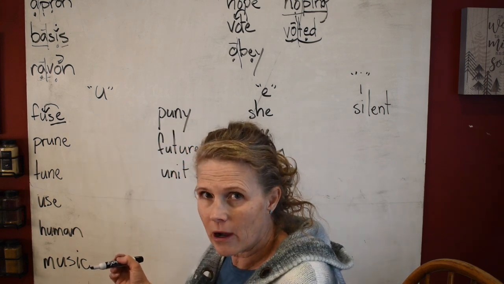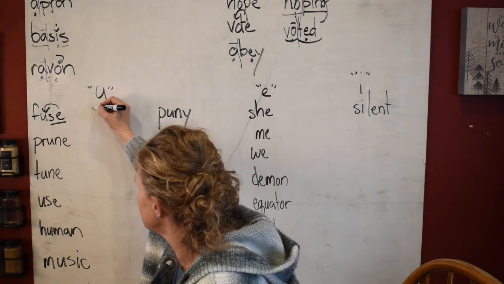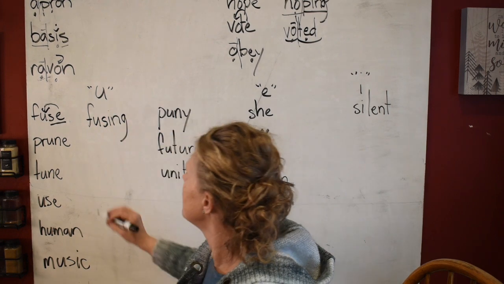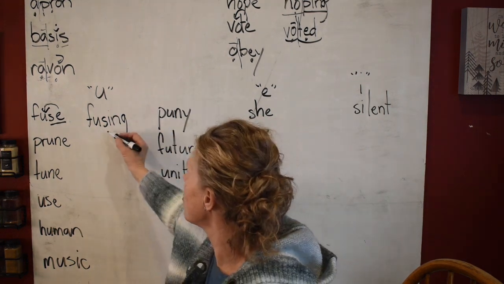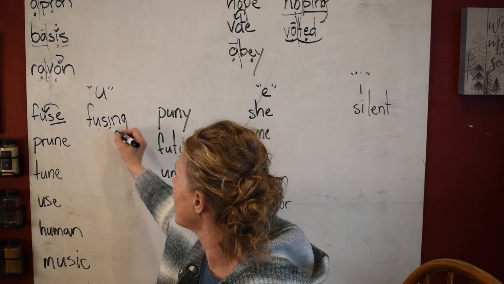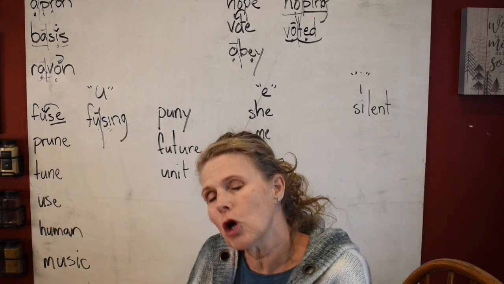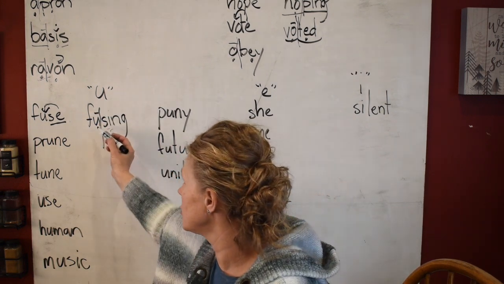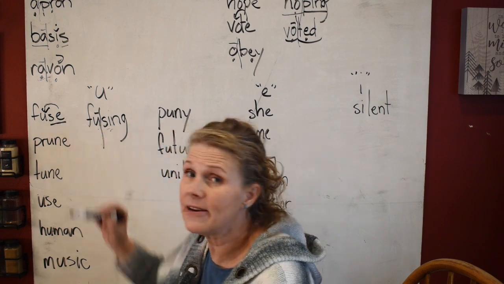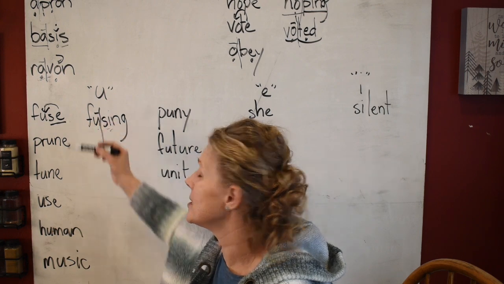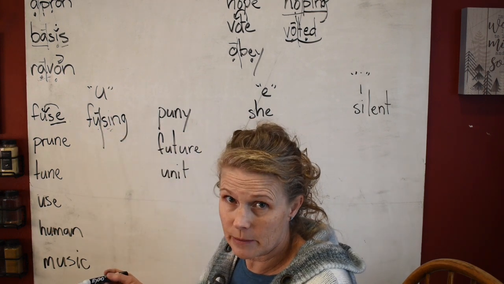Now, let's add on a vowel suffix. Fusing. Now we have that in the middle. We have our vowels, and it's going to break here. Now we have an open syllable that's forcing the U long. Here, the silent E forced that to be long. Here, the open syllable is forcing it to be long.